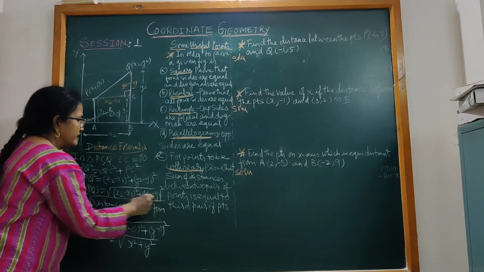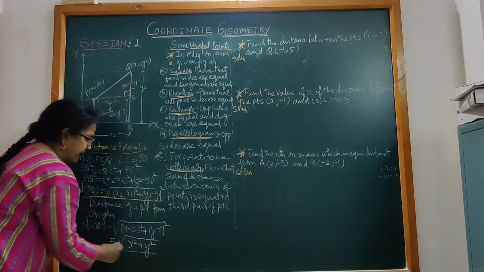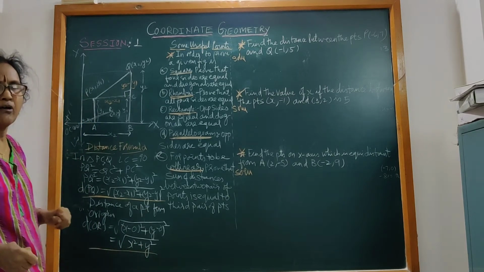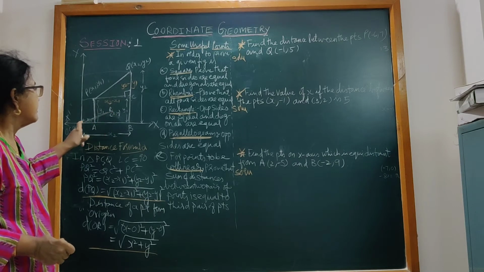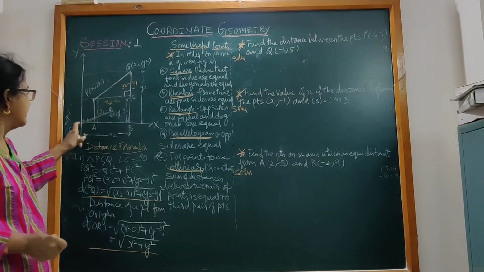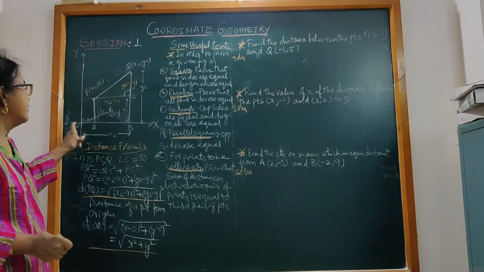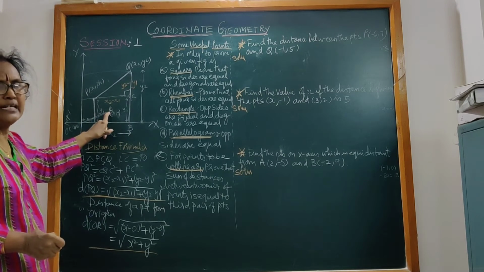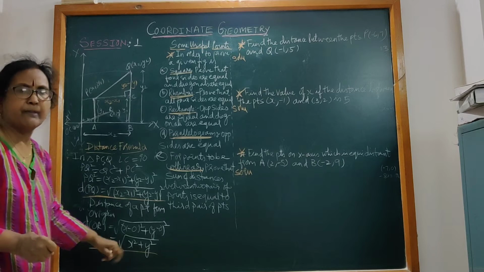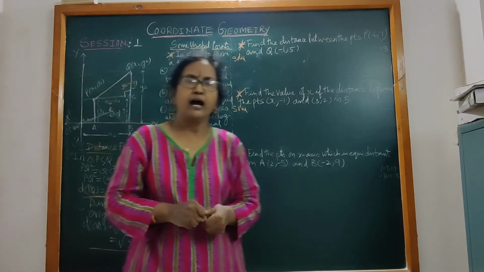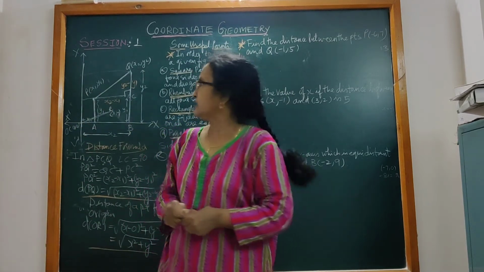One is the distance formula and the next is the formula for the distance of a point from the origin. The distance OR, for a point lying in a coordinate plane, its distance from the origin can be given by square root of x square plus y square.